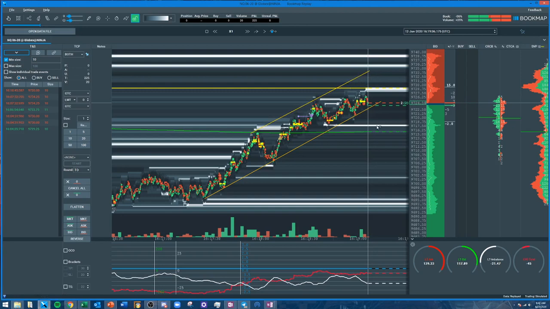And then with Bookmap, I'm very fortunate to be able to see where the areas of high liquidity are. By high liquidity, I mean there's a lot of standing limit orders in the order book.